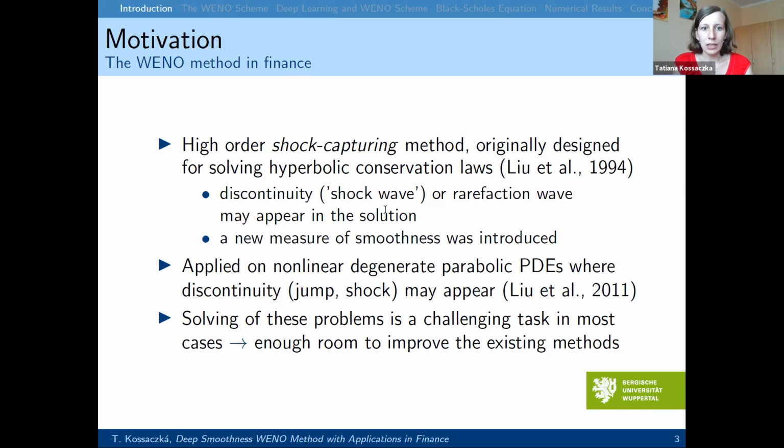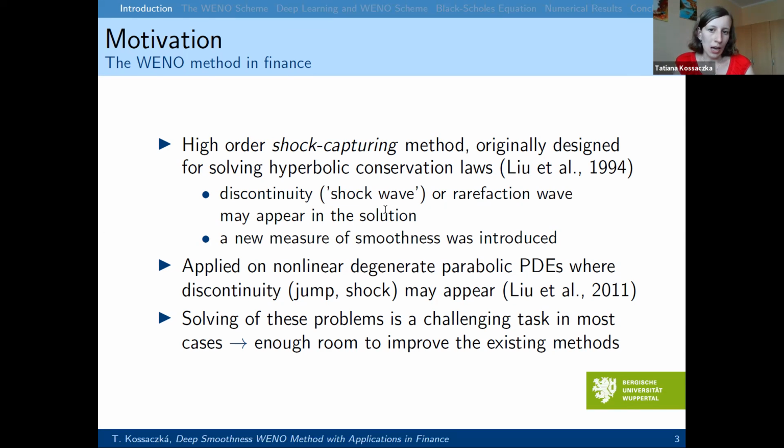And why? The reason was that in solving hyperbolic conservation laws, very often a discontinuity, shock wave or rarefaction wave may appear in the solution, and this is hard to capture.